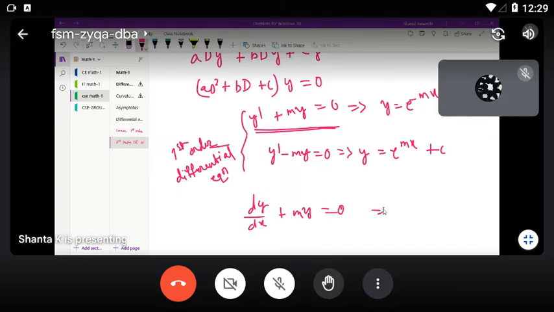So how will you solve this one? y equals f of x.